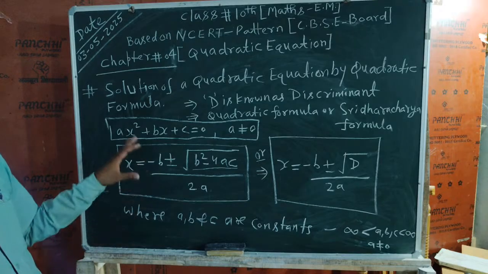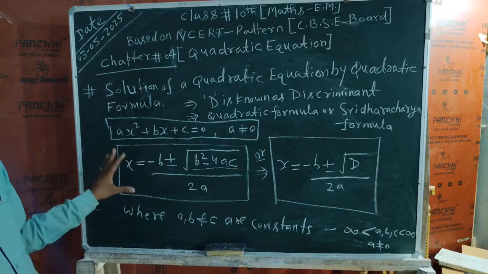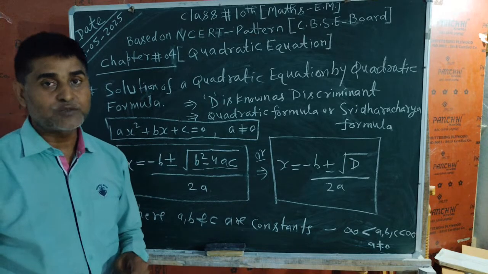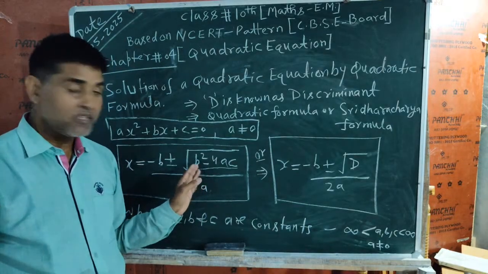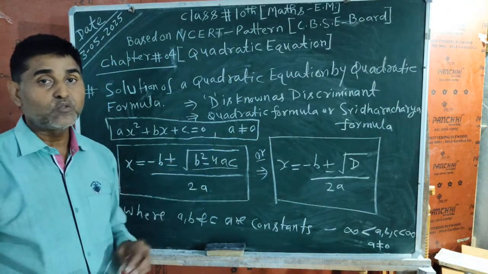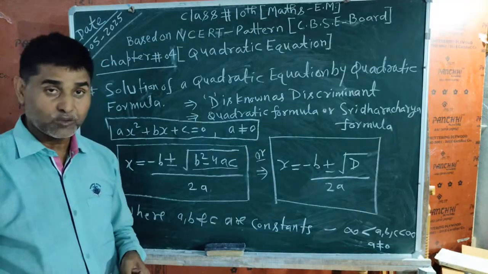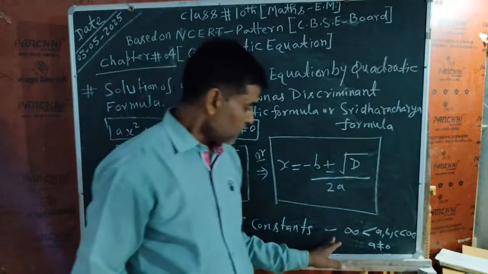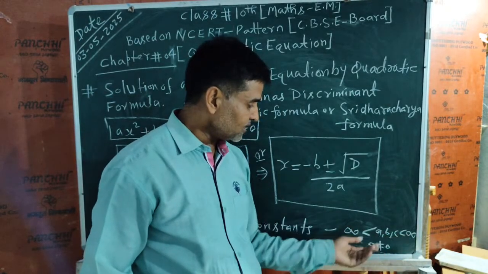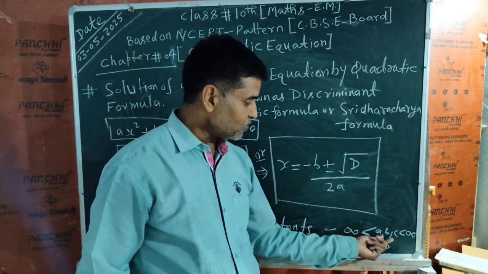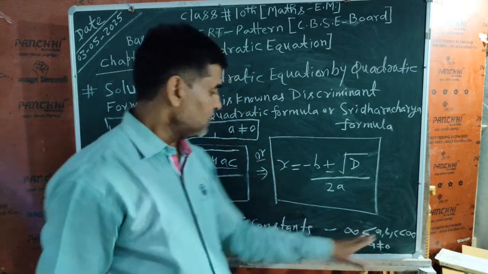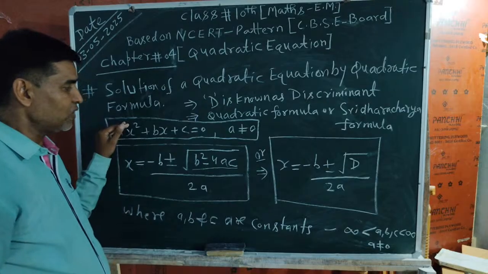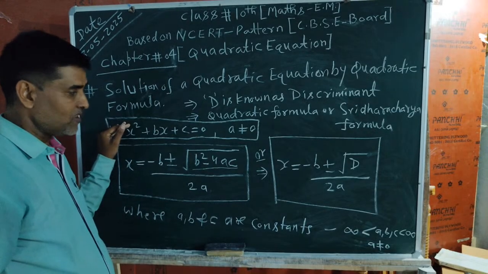Okay student, now I am going to erase this concept. After erasing, we will take a numerical from the textbook and I will apply this formula for getting the roots of that quadratic equation. In this domain from minus infinity to plus infinity, I will take values of a, b and c and substitute them in the general quadratic equation to get a particular quadratic equation.